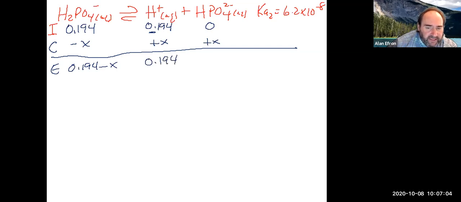Remember, this is plus X on this side, and that is X. Any questions on this ice table? So we're sort of carrying over the previous equilibrium as our initial starting amounts in our next table. Any questions on that? So we're going to then finish this like normal. We're going to put this into our Ka2 expression, which is our products over our reactants.